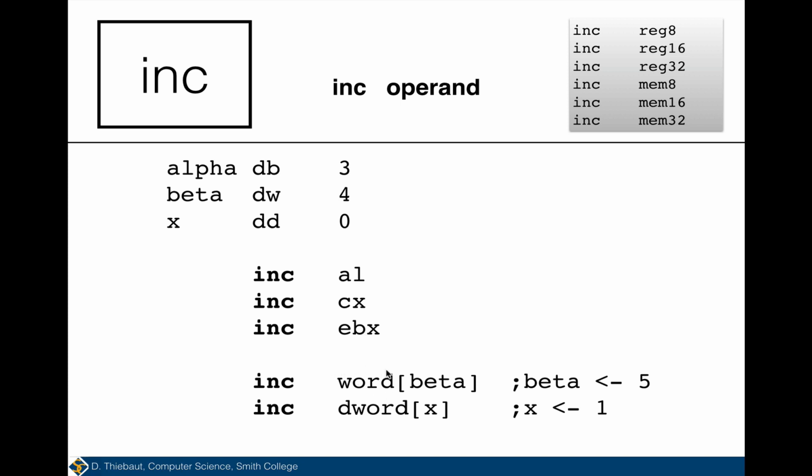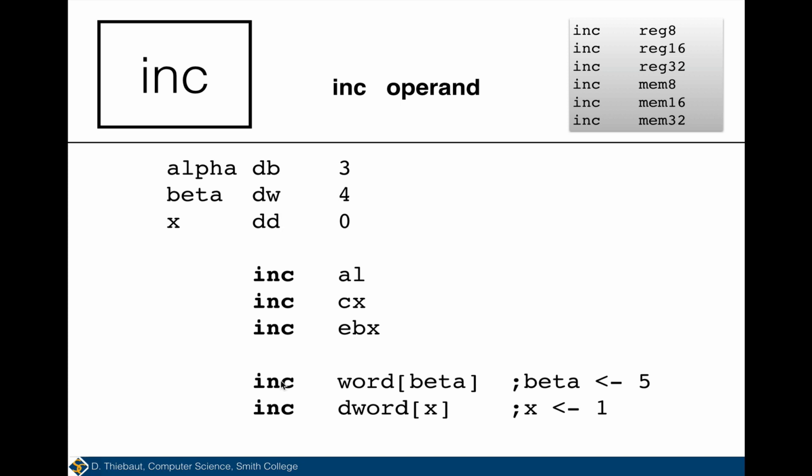And if you want to increment some of these variables, for example beta and x, you would say increment. And remember, we always want to add the size of the variable. It's especially important with INC because NASM, if you remember, will look at these labels as addresses in memory of something, but it never remembers whether the something is a double word or a byte.